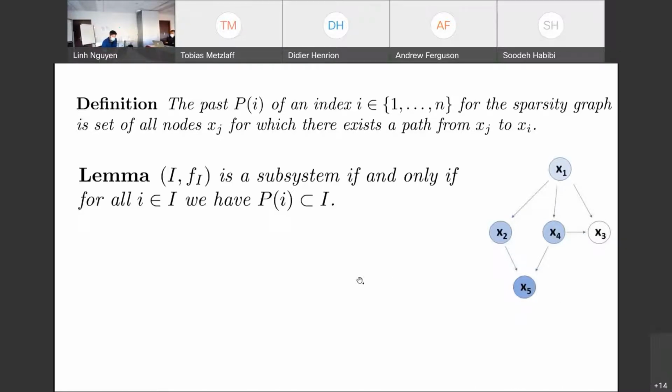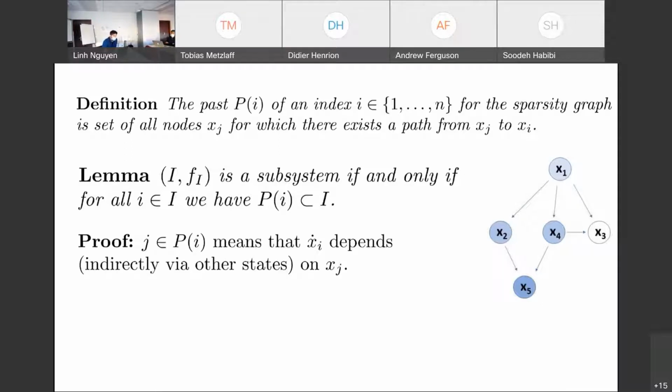And having this, we can characterize subsystems just by looking at the graph, namely a subsystem indexed by I is a subsystem if and only if the path of each node is contained in the system. That really just comes from the fact that the path determines all the nodes that eventually influence the dynamics of a state.